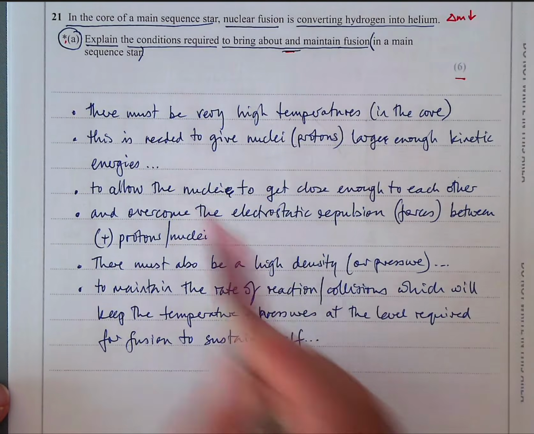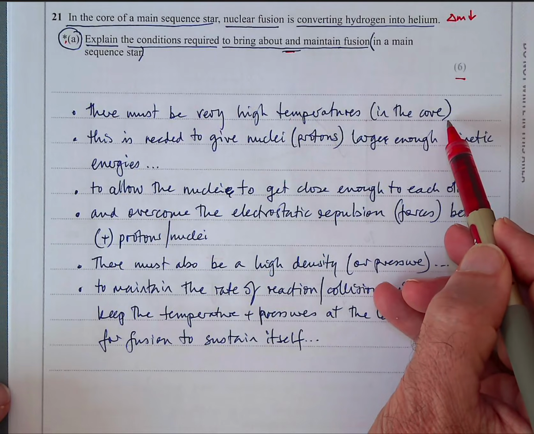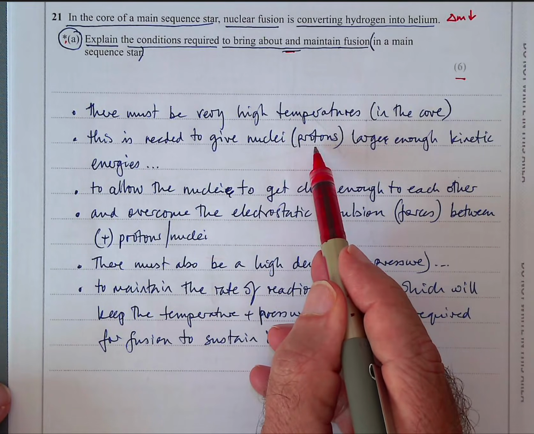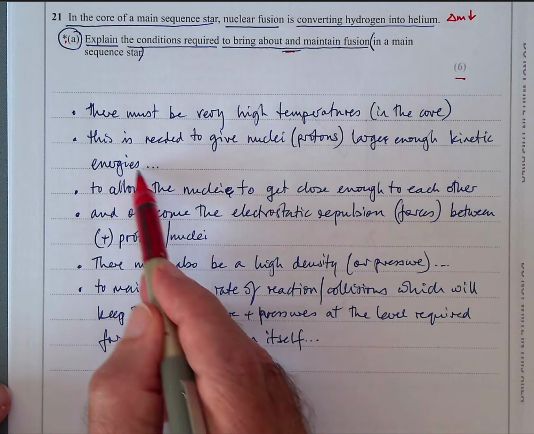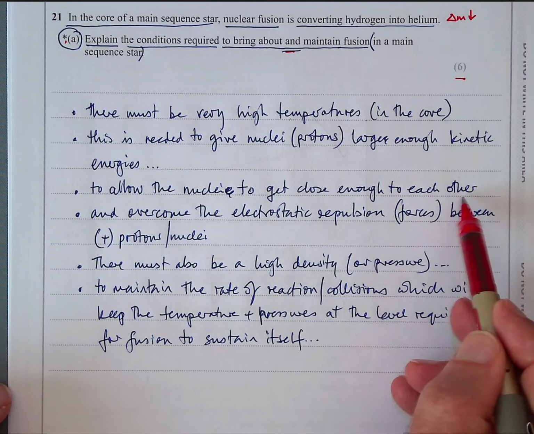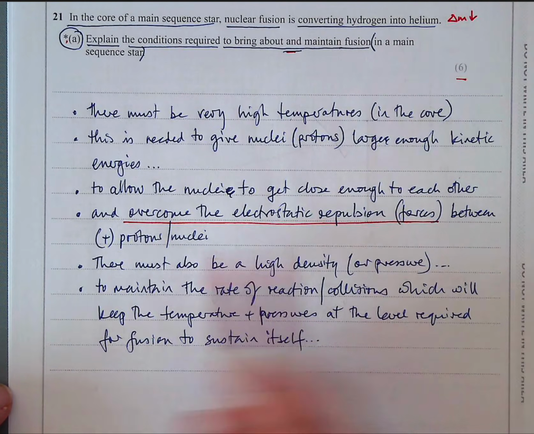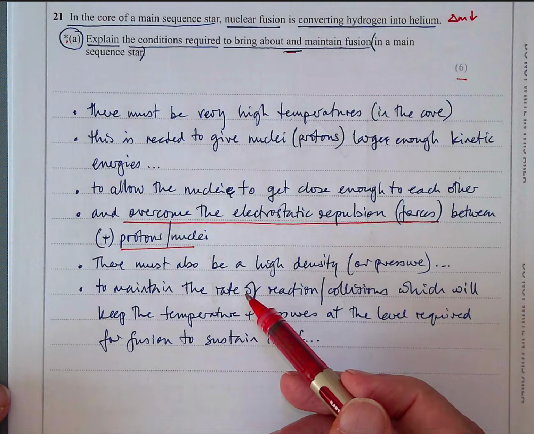There must be very high temperatures in the core. That's where the nuclear fusion takes place. This is needed to give nuclei, the protons, since hydrogen is basically protons, large enough kinetic energies to allow the nuclei to get close enough to each other to overcome the electrostatic repulsion forces between protons, because they're positive and positive and will try to repel each other.